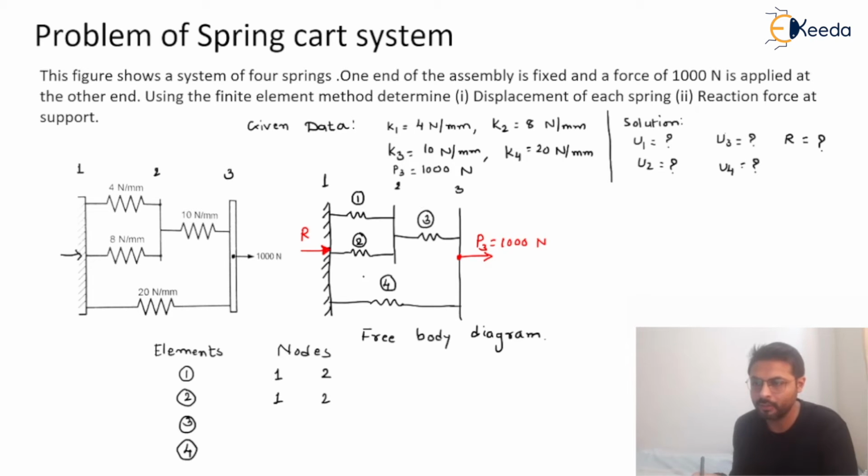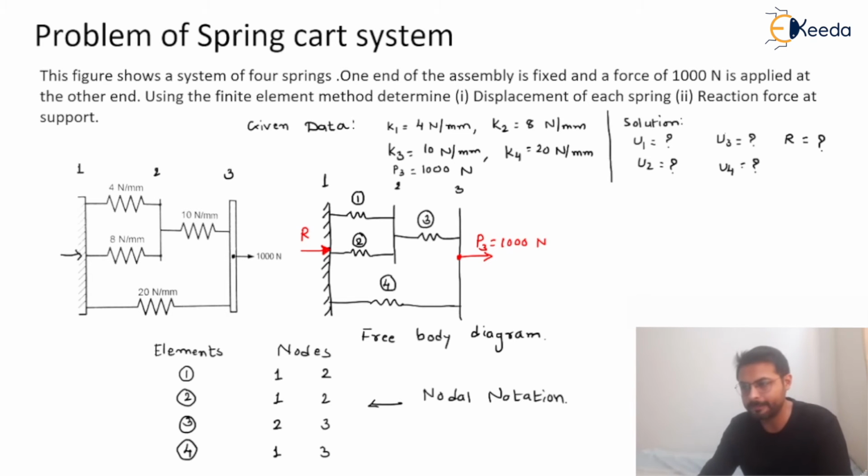The third is between 2 and 3. And the fourth is between 1 and 3. So this is my nodal notation. In the first step, we have converted the problem into a free body diagram and given the nodal notation. Now let's solve this problem.